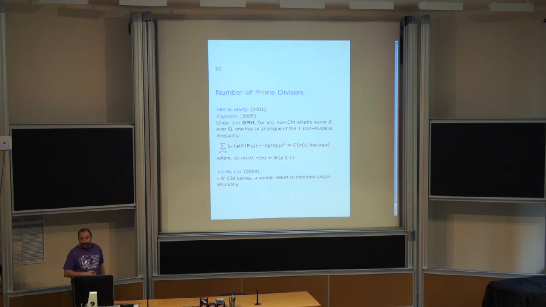Namely, it's double log p. And it's even the mean square. It's not just the mean, the average value. It's the average deviation, which is small. So it's a very nice result. And you will prove the same result for CM curves unconditionally, as it usually happens in questions of this type.